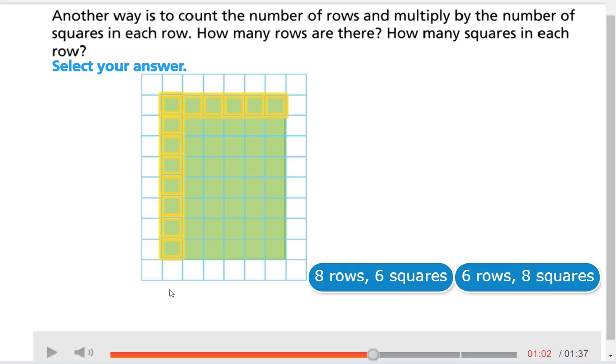You mean 8 rows? No, 8 rows. The rows are horizontal. 8 rows. And in each one, the first one, as you can see, is 6 squares. So we have 8 rows, in each row 6 squares. 8 rows, 6 columns. Thank you, great work, my hero.